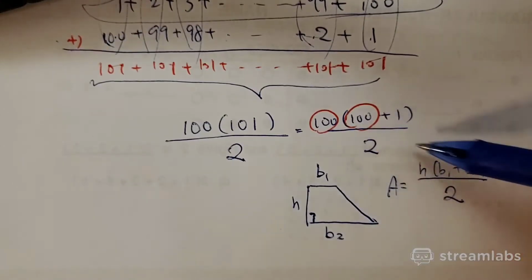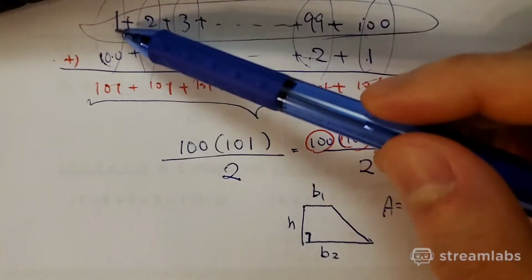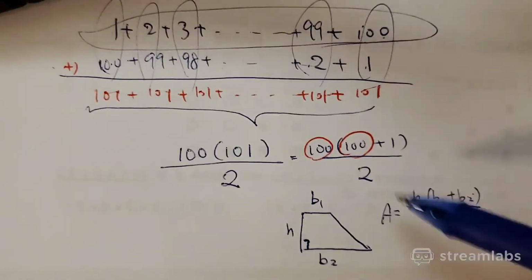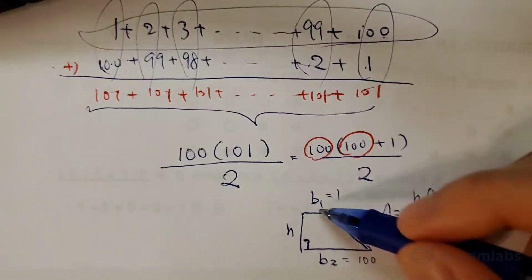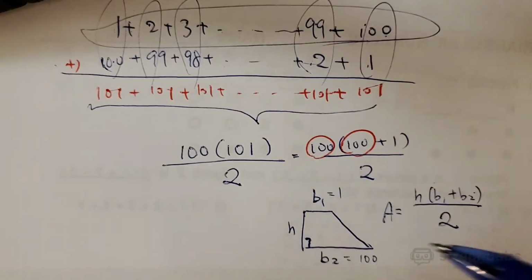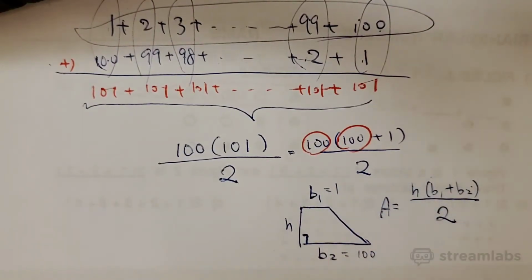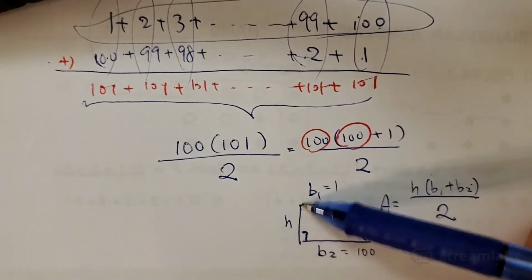First term, 1, plus last term, which is 100. You can treat the first term as 1, last term as 100, right? Because it goes down in a constant manner, because you are increasing by 1. Times height, which is how many terms you have.